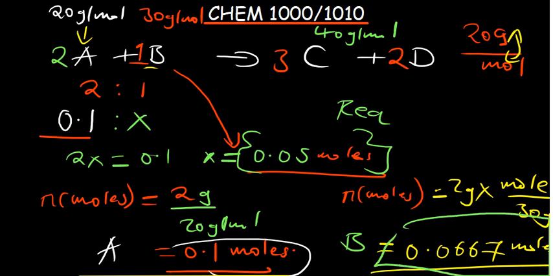Is it the required number of moles or the actual number of moles available in the reaction? Anyone to answer that question? You're lost. Where are you lost?